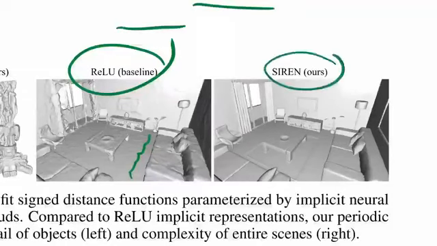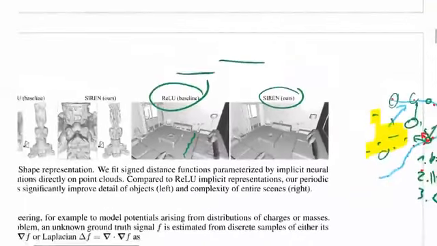Whereas the Siren can basically fulfill all of these constraints on the different parts, like on the values and on the gradients of the loss function.